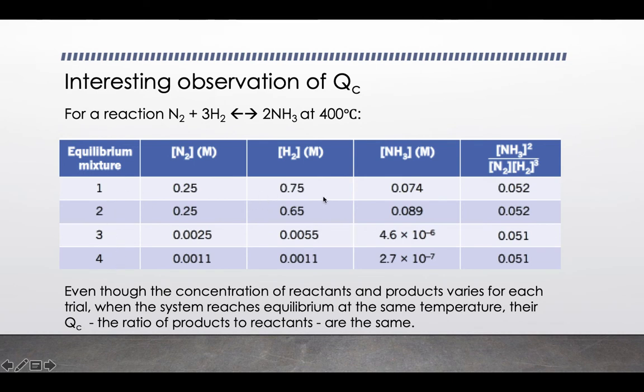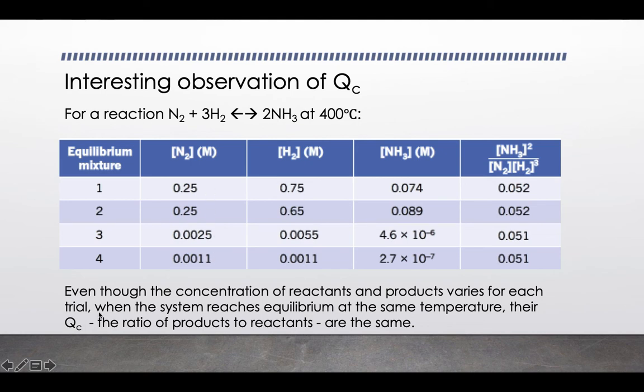What we did was calculate their Qc at equilibrium. And surprise, surprise, their Qcs are almost the same. Even if the concentrations of reactants and products at equilibrium are different from each other, if you look at this column vertically, they're all different.